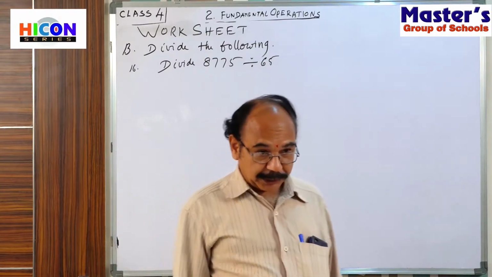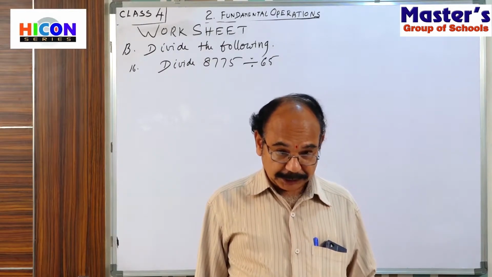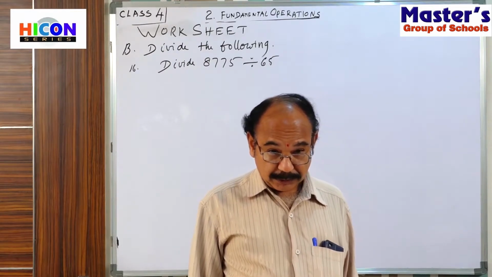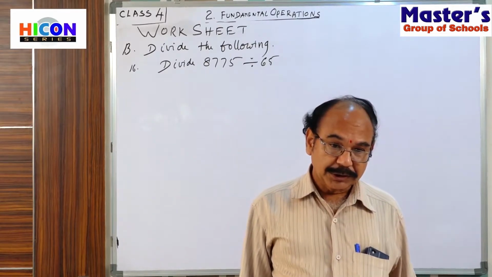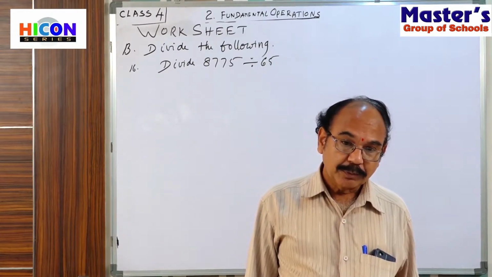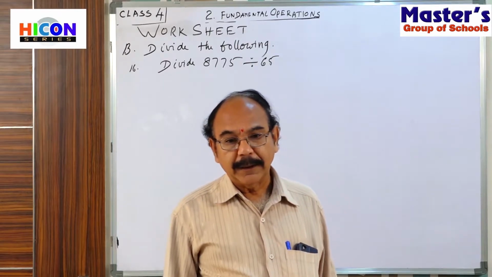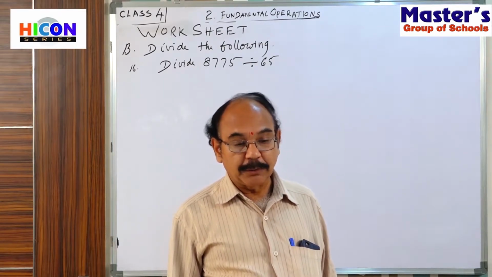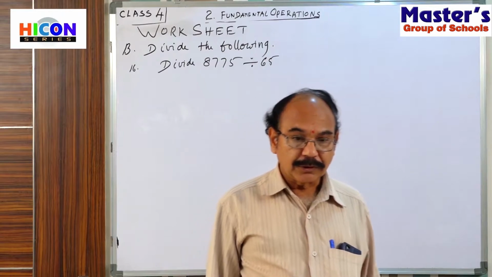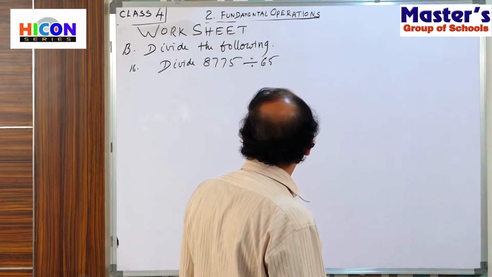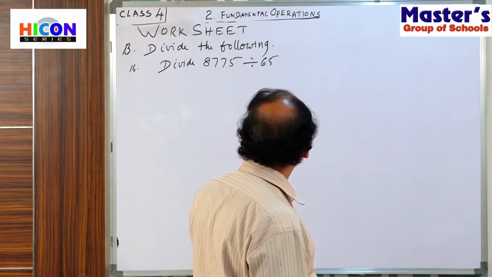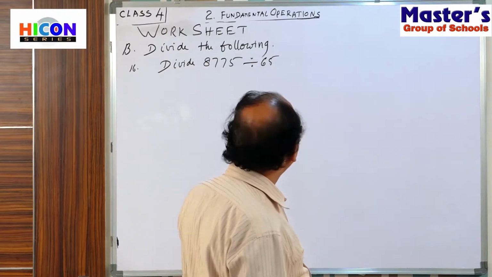You know the multiplication table to a certain extent only, but you can continue the same procedure in writing the multiplication tables with large numbers also. So you see here the number 8,775 is to be divided by 65.